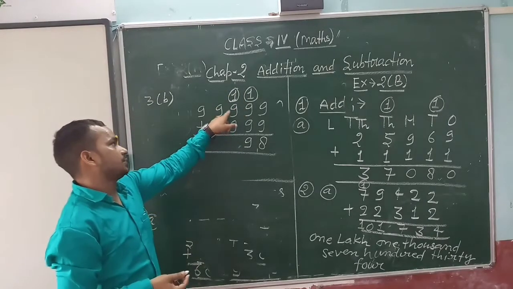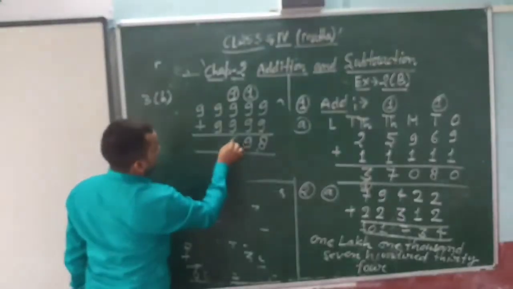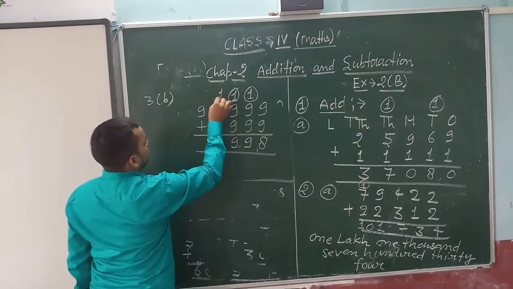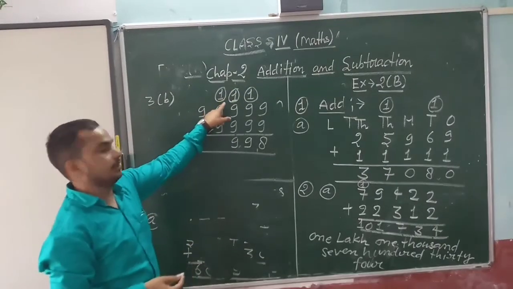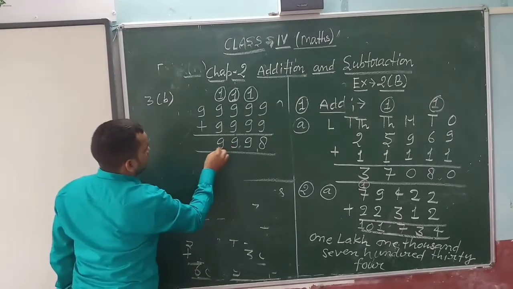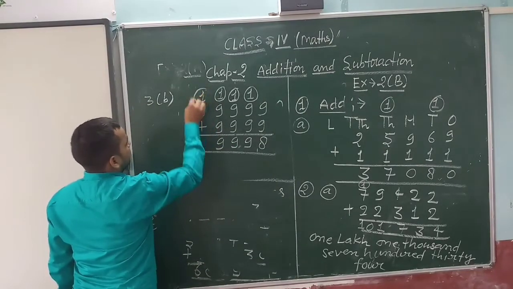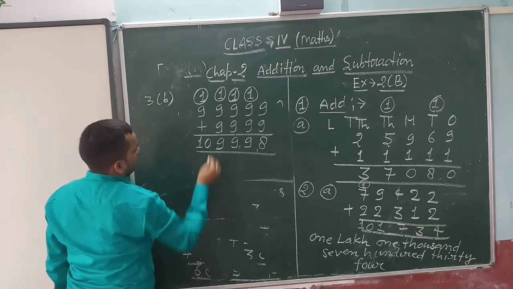Again 9 plus 1, 10, 10 plus 9, 19. Carry out 1. Again 9 plus 1, 10, 10 plus 9, 19, carry out 1, then 9 plus 1, 10.